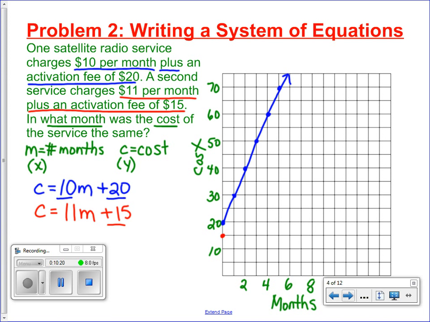Then we're going up $11 a month, and this can be a little bit harder to graph, particularly when we're using big numbers, or they're not huge, but bigger than single numbers. So let's see what we can do. All right, up 11 would be to 26 and over 1. Up 11 would be up to 37 and over 1.